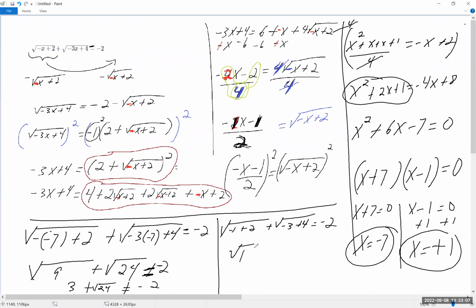So it's a square root of 1 plus square root of 1. That's closer, but it doesn't work at all. Okay, I'm going to stop the recording and then take questions from students that are present.